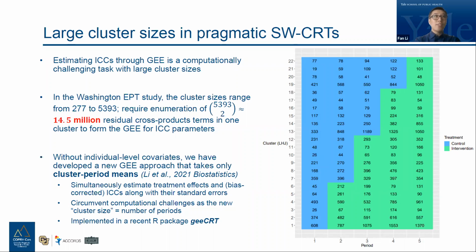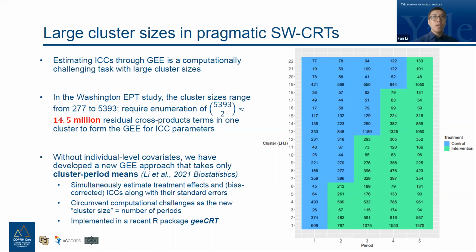And it is known for a long time that estimating ICC parameters through the marginal model and the GEE framework can be computationally challenging with large cluster sizes. And this is exactly the case in the Washington State EPT study, where the cluster size over all 5 periods ranges from 300 to over 5,000.